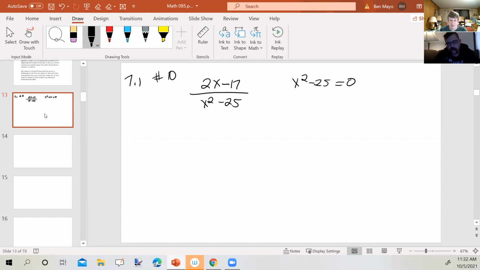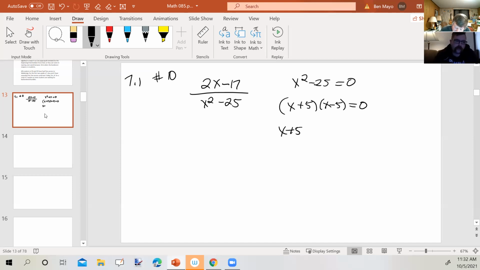That will give us the values that make the denominator 0. Those are the values that we're looking for. Okay. So x squared minus 25 equals 0. The left side of the equation is the difference of two squares. So factoring it, I get x plus 5 times x minus 5 is 0.